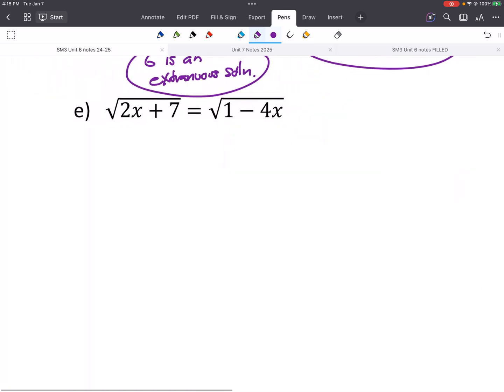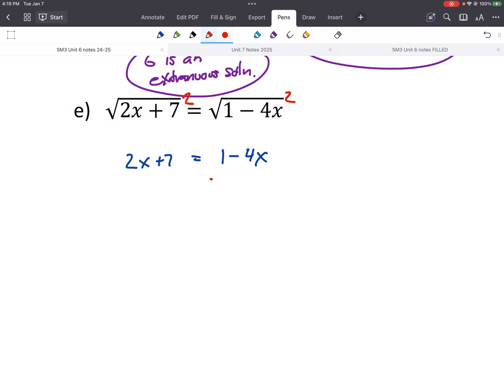Let's look at E. So this one's a little different because we don't necessarily really want to have both of those on one side. So here is a special case where we could just square both sides and we'd end up getting 2x plus 7 is equal to 1 minus 4x. And then we'll just get x by itself.